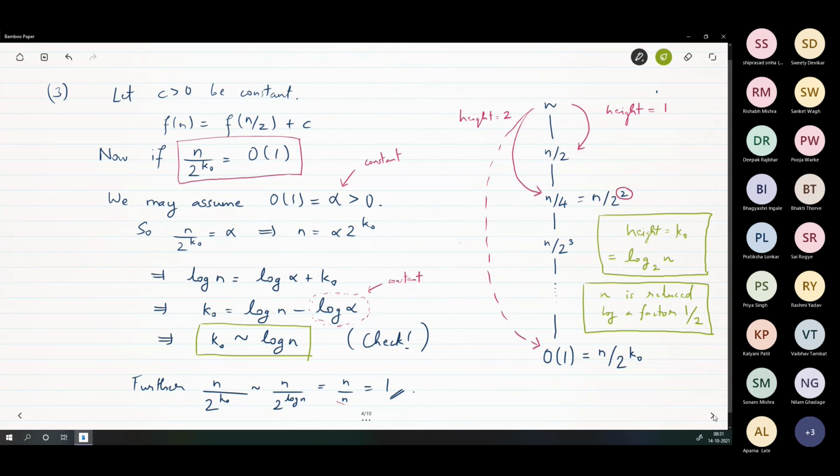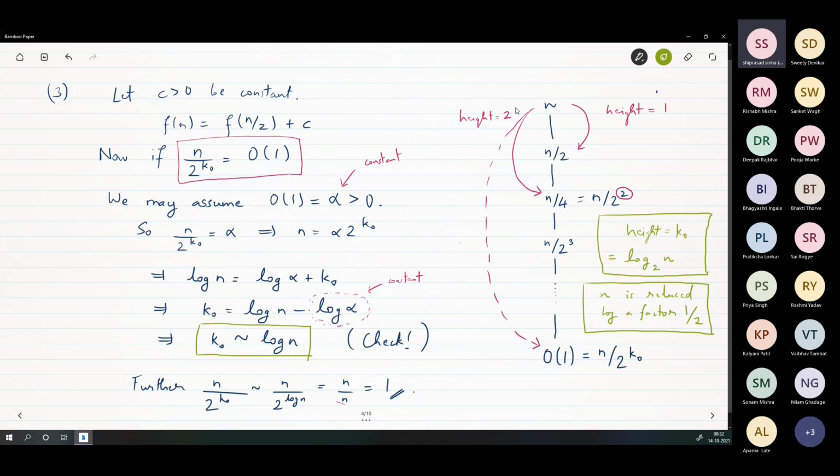Okay, so any doubts? Or is this part clear? Sir, I have a doubt. Tell me, some doubt. This one that you have written, n is reduced by a factor 1 by 2. What does that mean? I didn't understand.